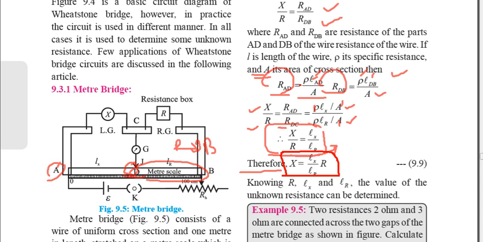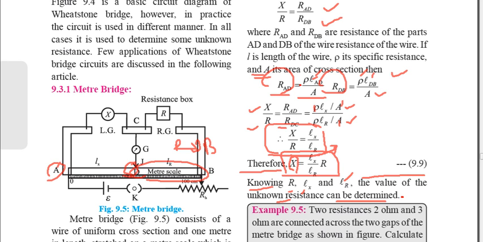So that is the equation in terms of the unknown resistance X. By knowing the resistance R, length Lx and length Lr, the value of the unknown resistance can be determined, where X is nothing but the unknown resistance.